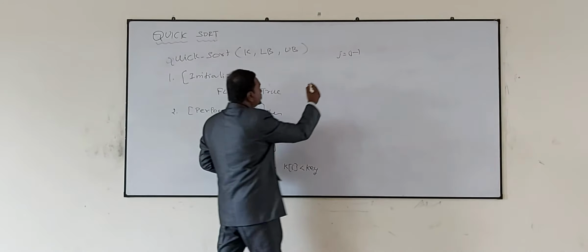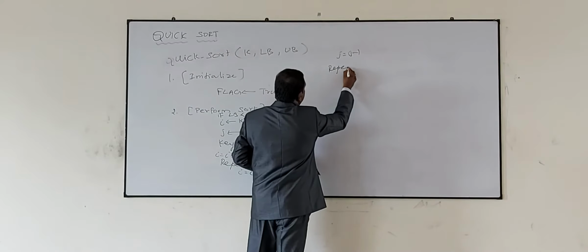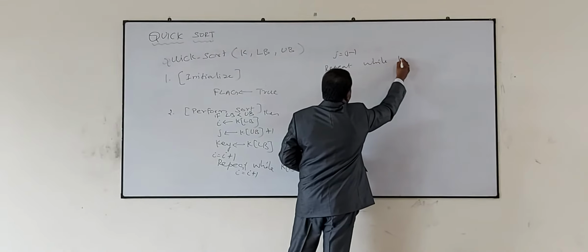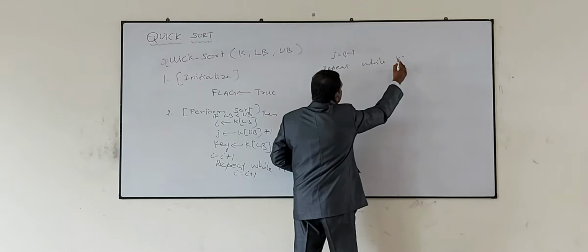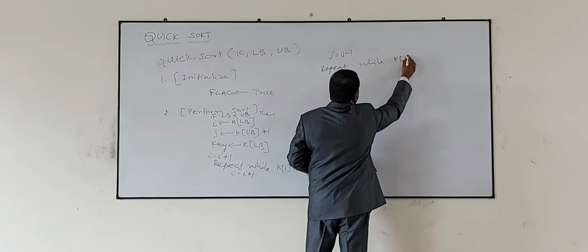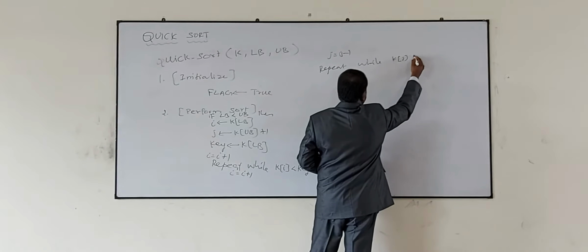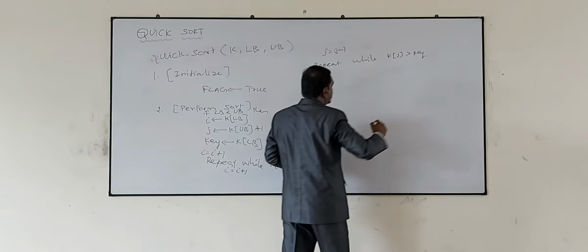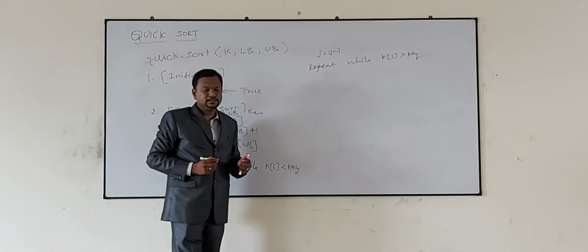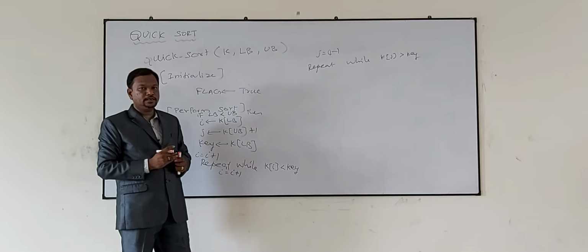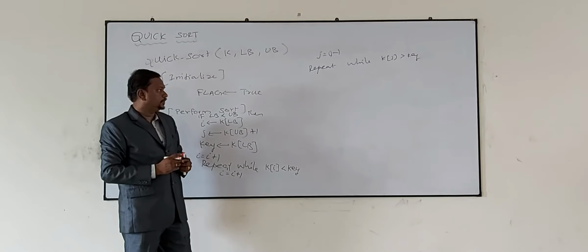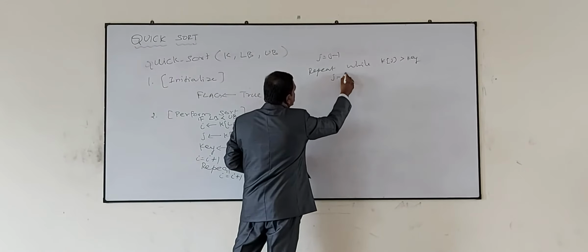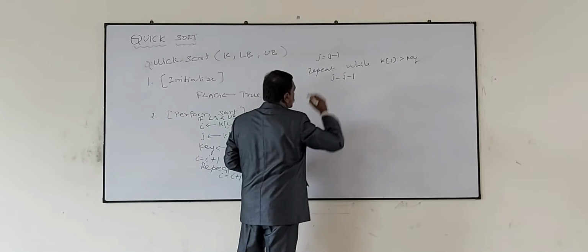So repeat while k of j greater than key element. We will search the first smallest element from right to left. So the process will continue, j equal to j minus 1.